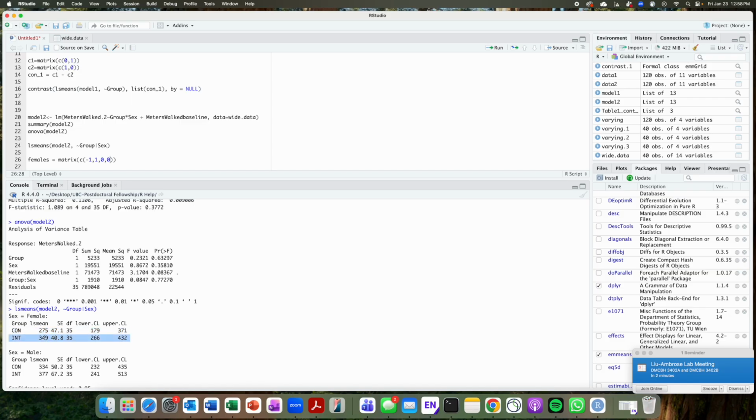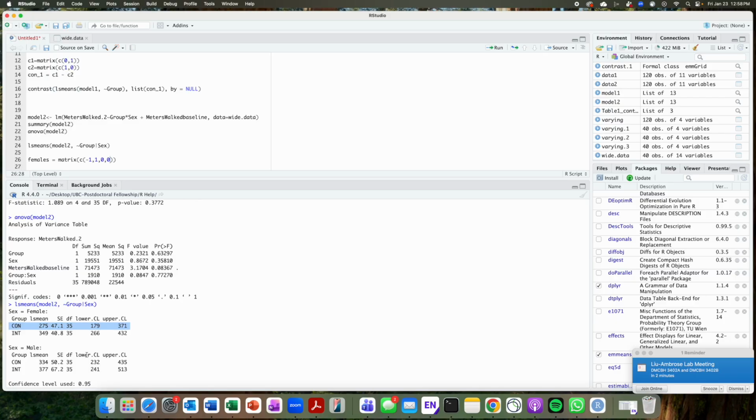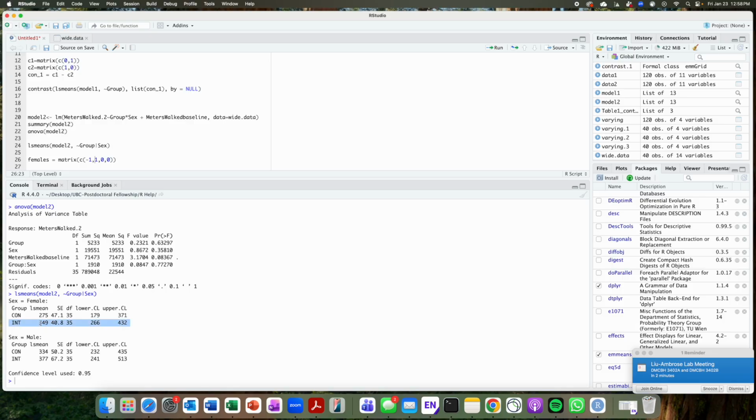So this means that I'm timesing -1 by the control group, and then I'm timesing +1 by the intervention group. So this is giving me 349 minus 275. So that is the effect of the intervention versus the effect of the control. And I don't want to include males in this because I'm not looking at the effects for males.